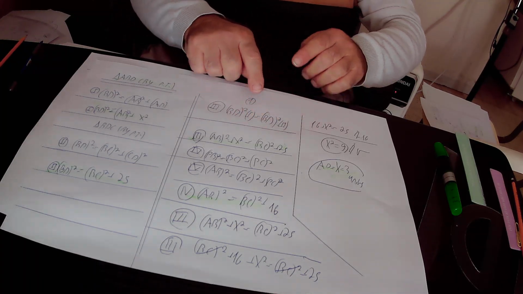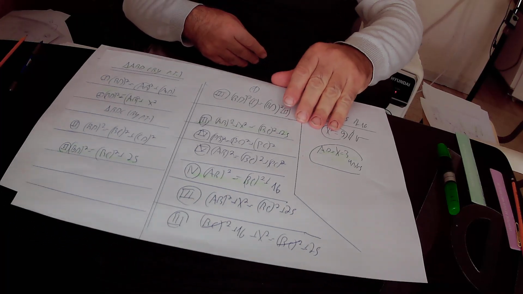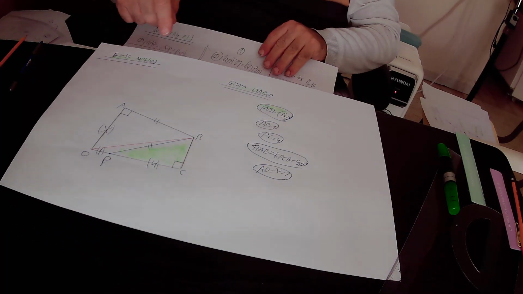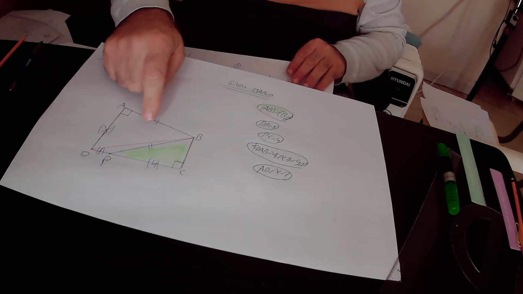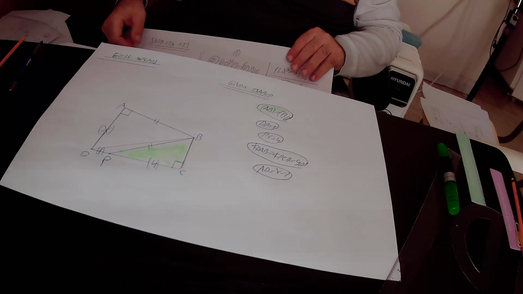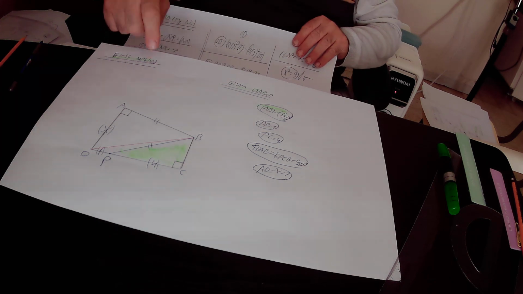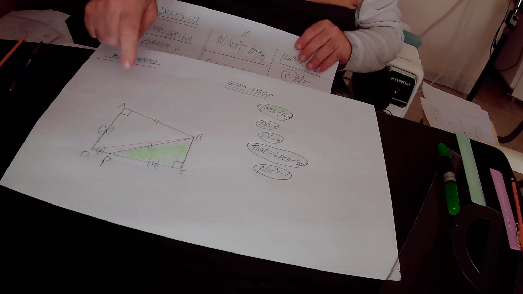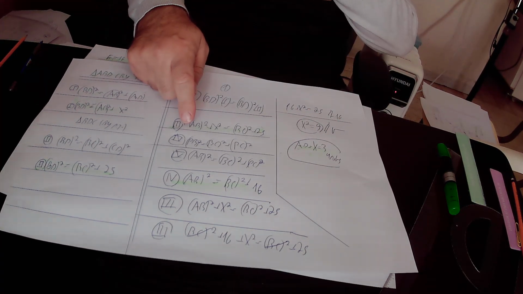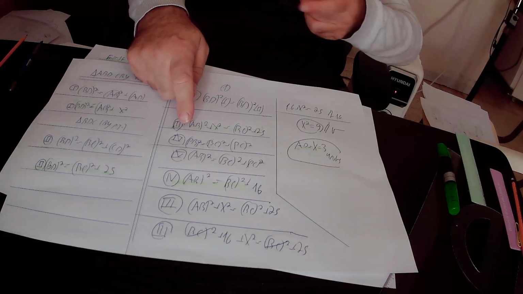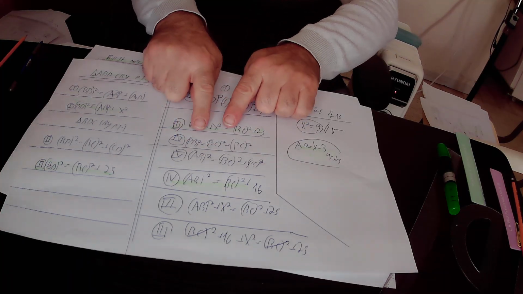But according to what is given in the question, AB equals BP. Therefore, we substitute BP by AB. If PB equals AB, it means that PB squared equals AB squared.